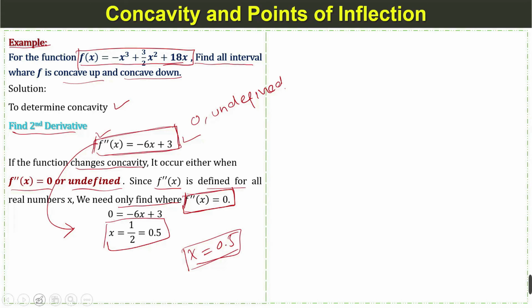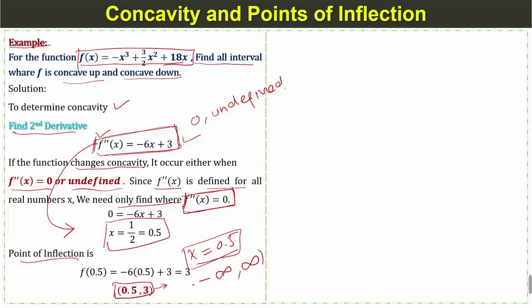So this is the point of inflection, at which the function changes its concavity. Now we divide the interval from minus infinity to positive infinity into smaller intervals.